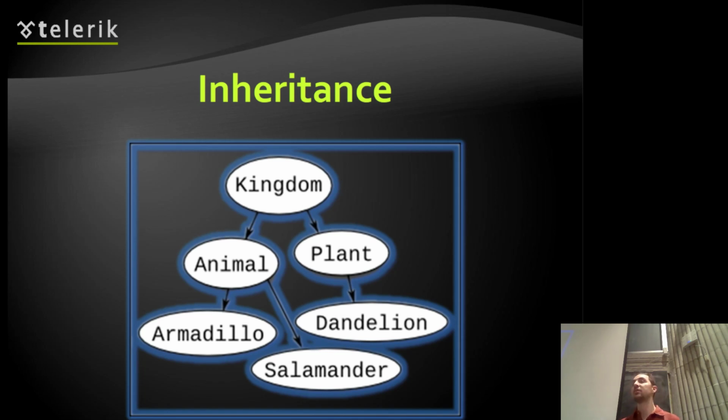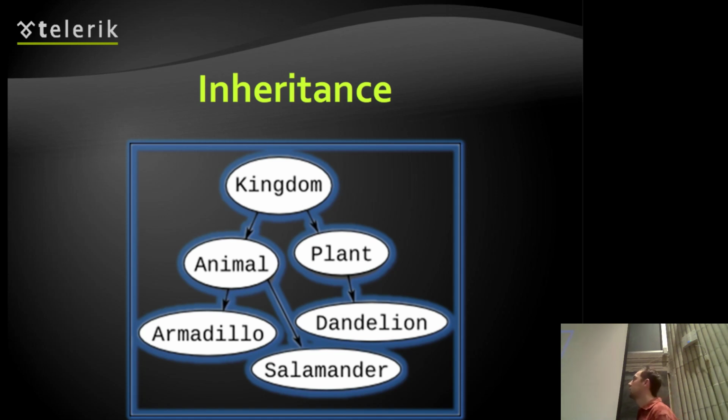I believe salamanders and armadillos both have 4 legs. If they haven't suffered any sort of grievous injury. So they would all know how to walk. So they would have a method walk. They would have a method eat, because all animals tend to eat.